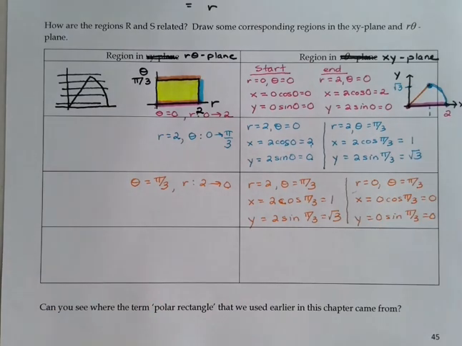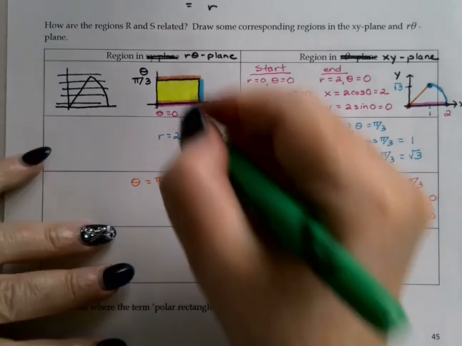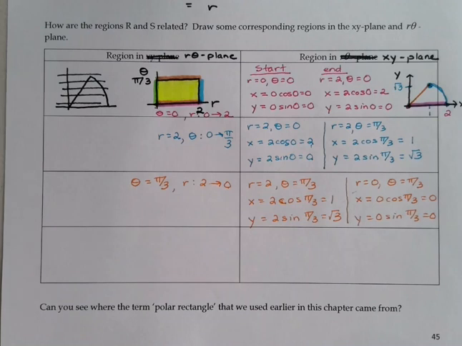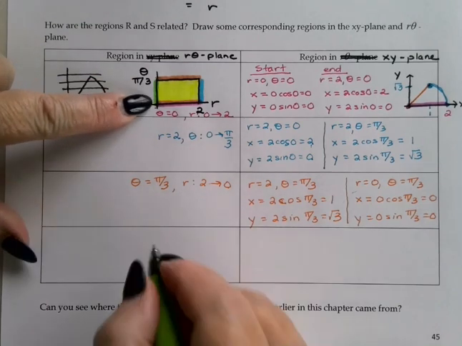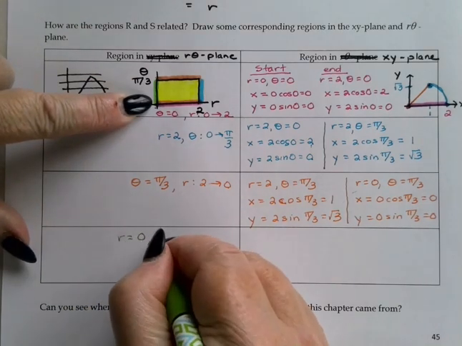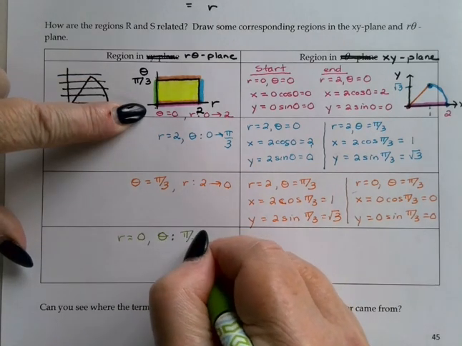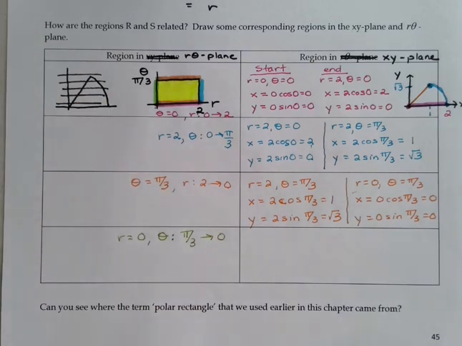Back where I started. Now this might seem a little bit weird because we still have an extra line segment over here. So let's think about what happens with that line segment. On that last line segment, r is always 0, and theta goes from pi thirds to 0. Since r is 0, however, keep in mind whether I'm doing r cos theta or r sine theta, it doesn't matter what theta is. I'm going to get 0 every time, right?